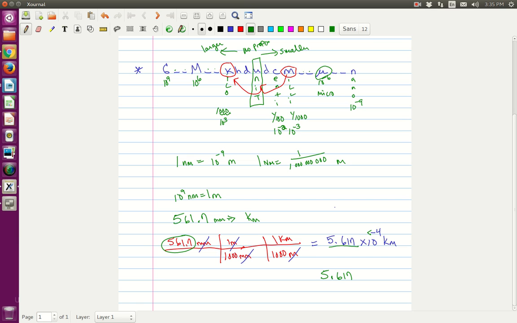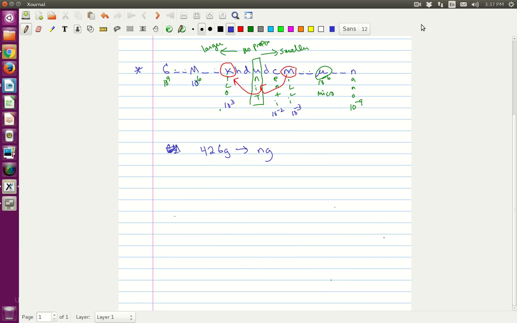I'm going to move it 4 places. 1, 2, 3, 4 for the decimal, and then add the zeros. And so the standard notation would be 0.000561 kilometers. That's an okay answer. It's fine as long as I didn't ask you to put it in scientific notation. If I did, you need to do that conversion.